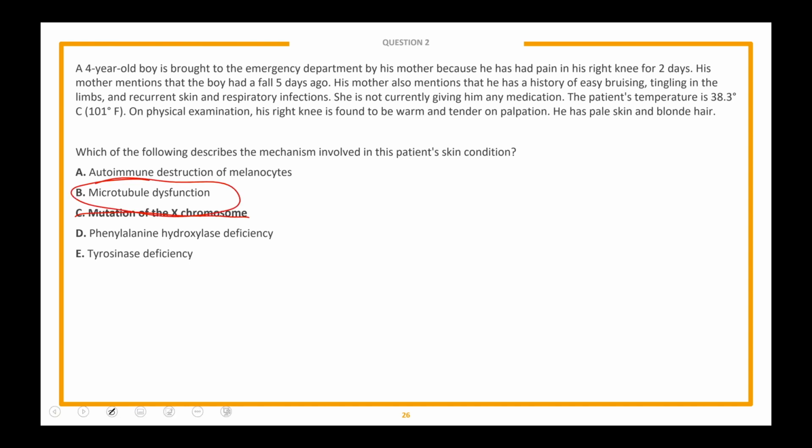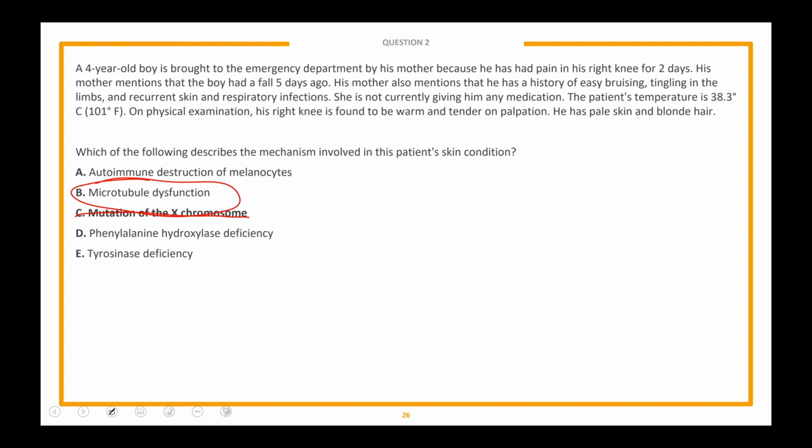Yeah, this patient is a 4-year-old boy. He has a history of tingling in the limbs, easy bruising, and recurrent skin infections. He has pale skin and blonde hair, and based on these findings and the patient's physical appearance, the most likely diagnosis is Chediak-Higashi syndrome. So this is an inherited autosomal recessive condition where you have abnormal cellular trafficking, okay?